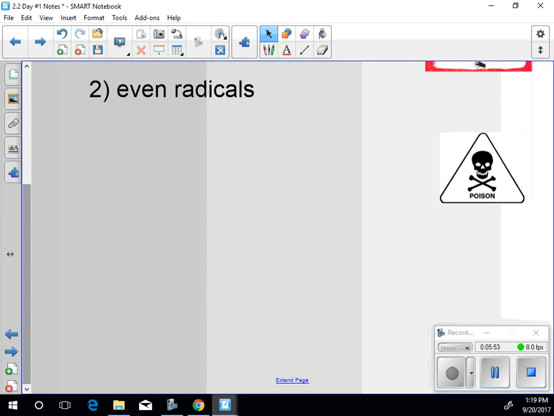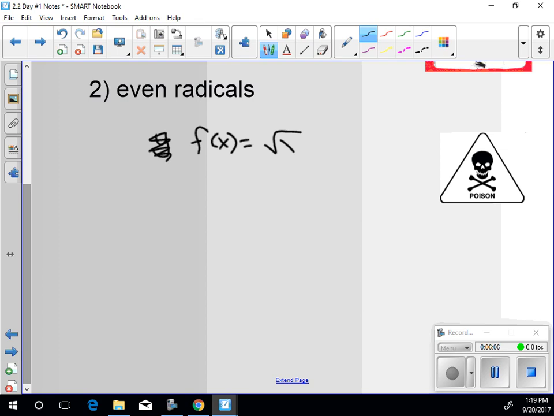Okay, the other thing you have to worry about is even radicals. Why? Because if f of x equals the square root of x, okay, Chuck Norris and Bruce Lee can divide by 0, and they can also take the square root or fourth root or sixth root or eighth root or even root of what kind of numbers?